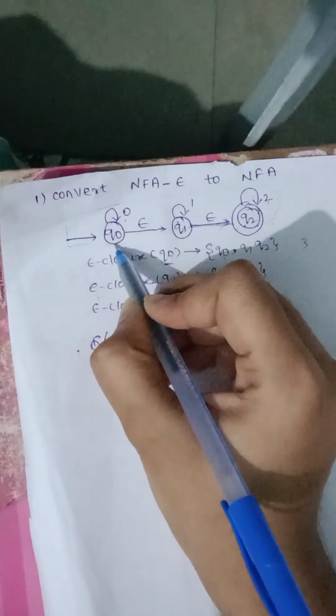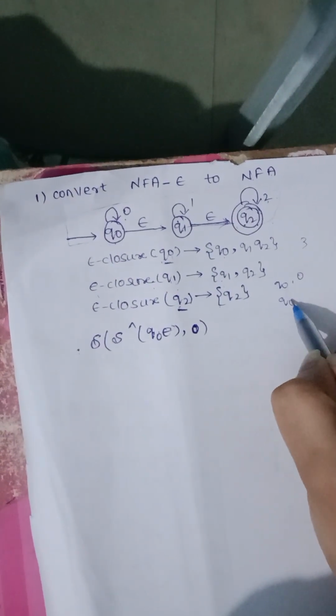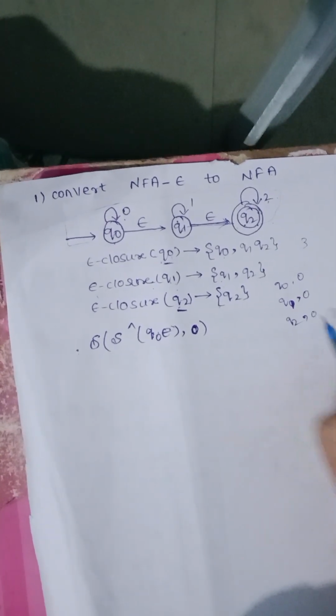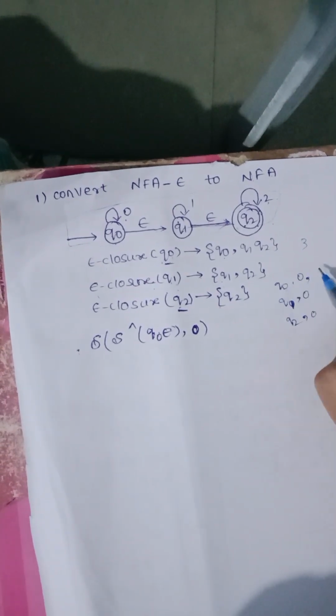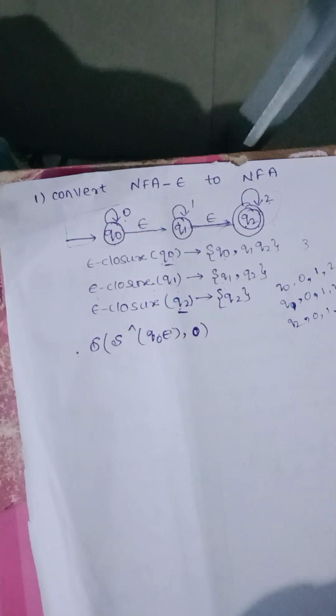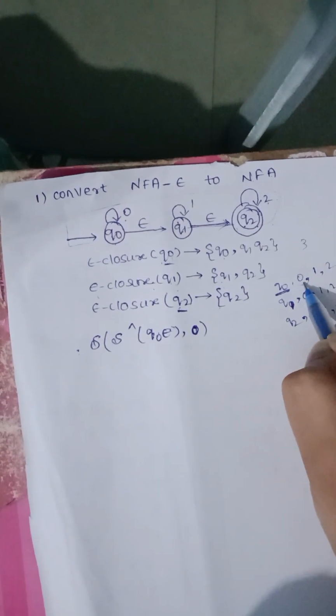For that, for Q0 0, Q1 0, Q2 0. For Q0 1, 2, for Q1 1, 2, for Q2 1, 2. We want to check one state with all inputs.